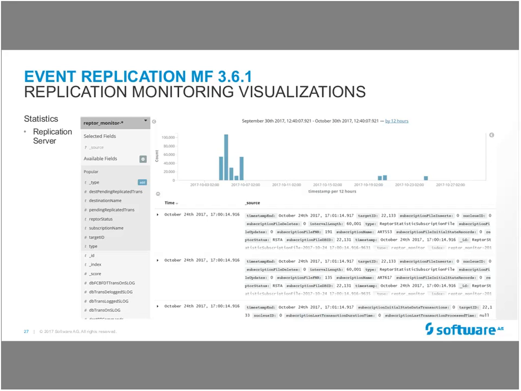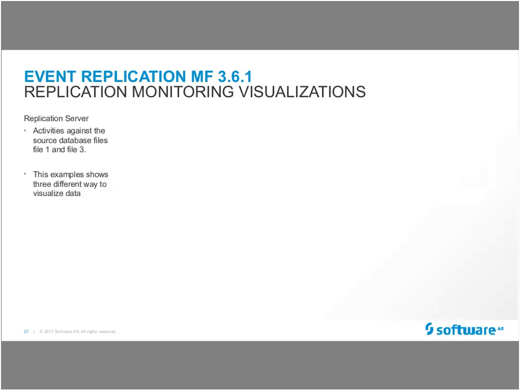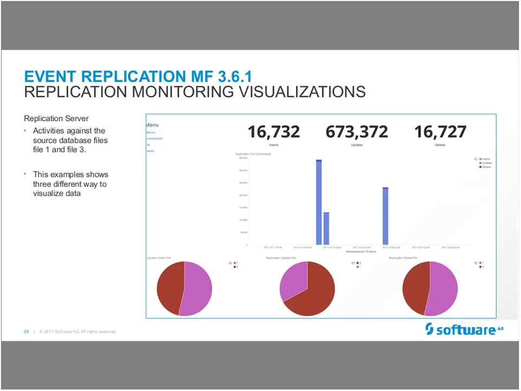Just a little hint, if you select one here or click on it and type in add, then you see it above, and this is like a selection criteria for this container. And the result here is that we show in two different presentations, or three actually, the access or the modification to the database source files, file 1 and file 3.